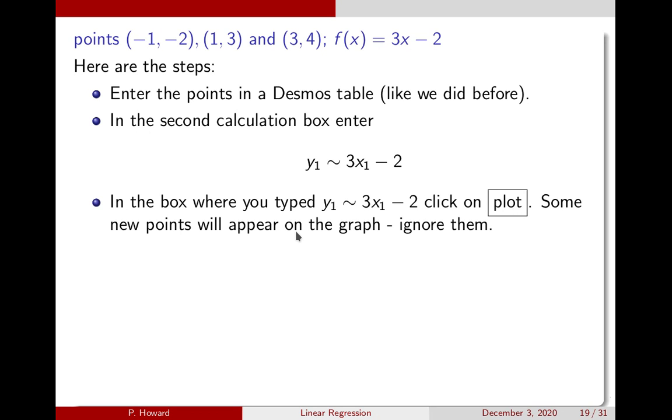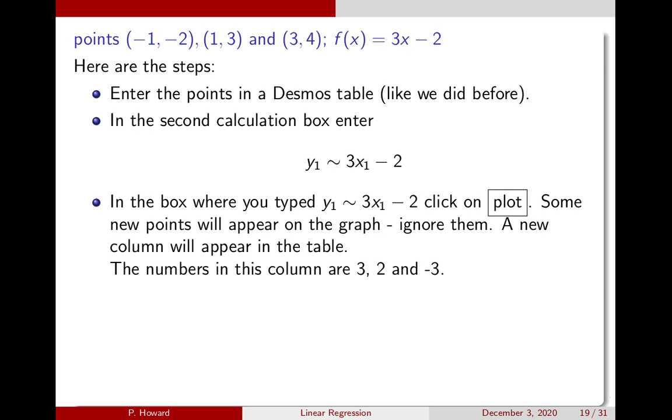Some new points will appear on the graph on the right-hand side of the screen, but we want to just ignore those new points. What we actually want to look at is the new column that appears in the table. As we'll see in the screenshot shortly, the numbers in this new column are 3, 2, and minus 3. These are the deviations. These are the numbers that we have to square and add the squares to get the sum of the squared deviations.